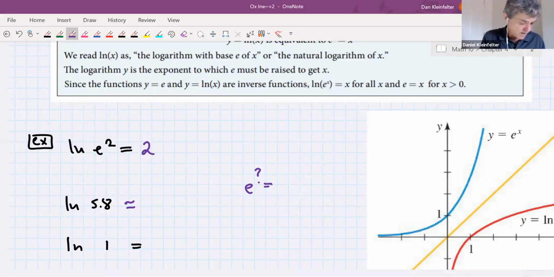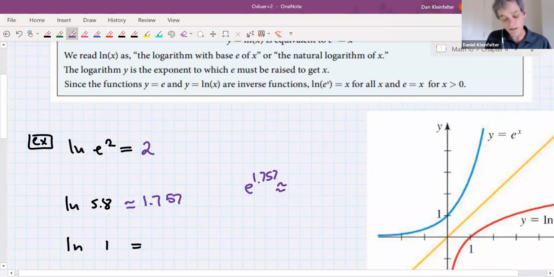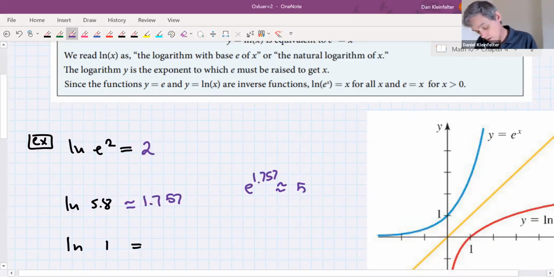So natural log 5.8 is about 1.757. Okay, so you can check and see if you've done that right, just about. So let me turn around and raise e to the power of 1.757. And I get about 5.795. Okay, which is pretty close to 5.8.